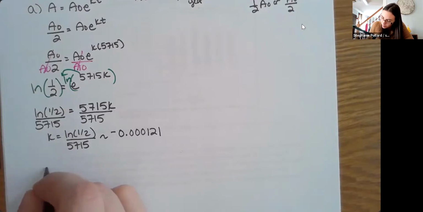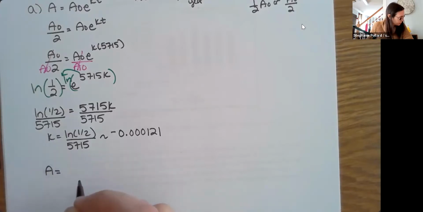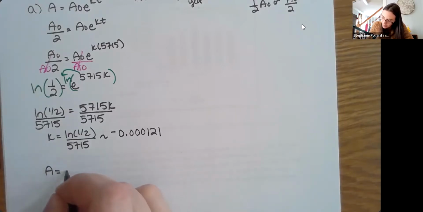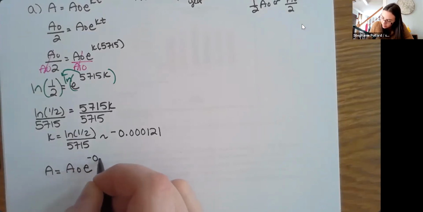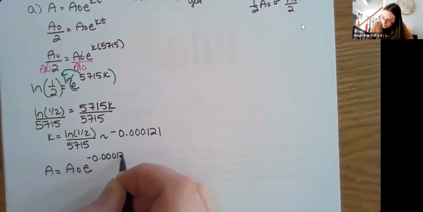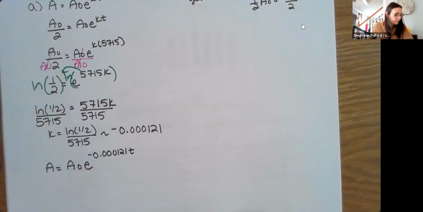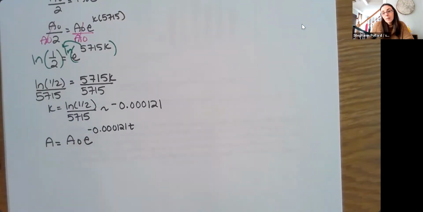Our final model will be A equals A sub 0 e to the negative 0.000121t. Again, I'm using A sub 0 here because I don't necessarily know the starting amount. Usually we think of it as a percent in these examples, but each organism has different starting amounts depending on the species. So I don't have one general starting amount for every single species.